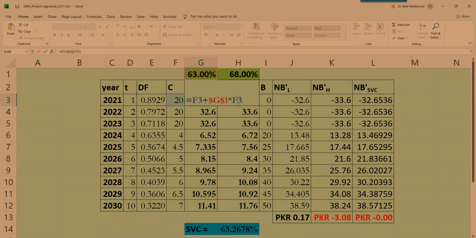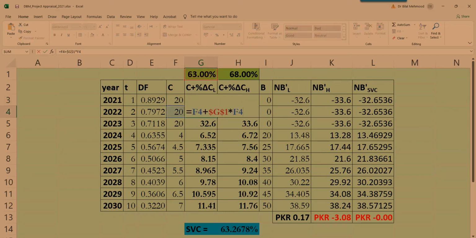So it will add 63% of the original value of the cost to the original cost. So now you can see that this value has increased substantially. It was 20 and now it became 32.6, so it's a 63% increase in it.